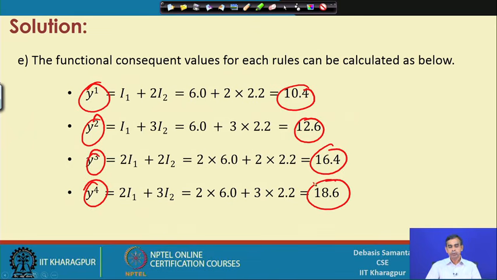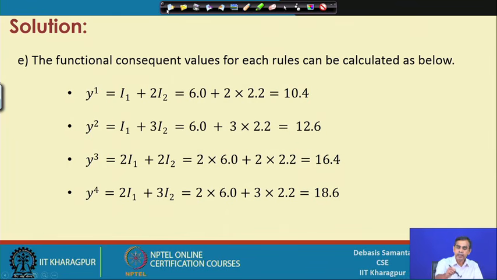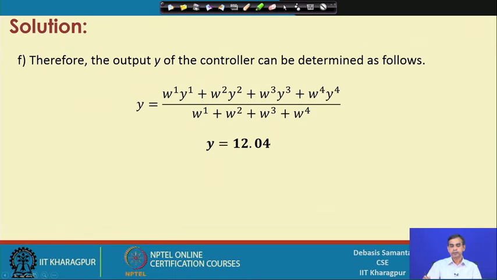So, for the 4 rules, with I1 as 6.0 and I2 as 2.2, we can calculate their corresponding output values. We have calculated the weights of all these rules also.